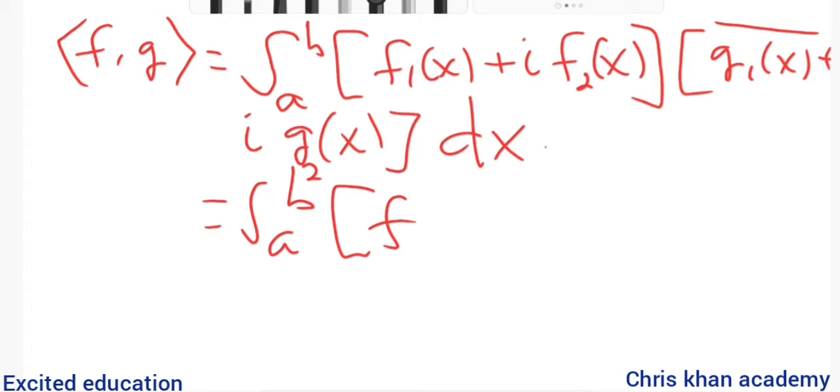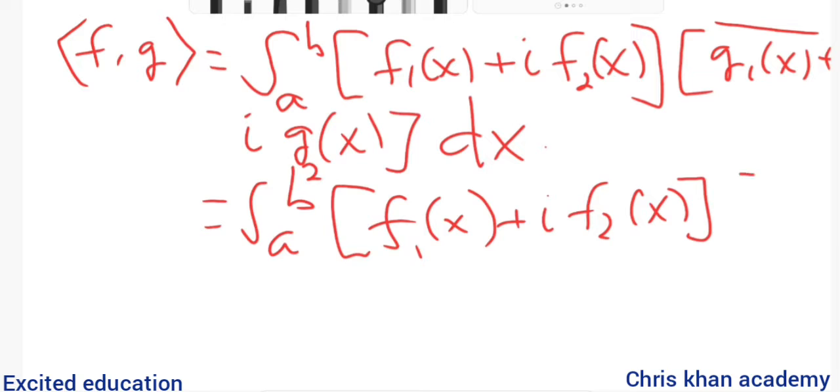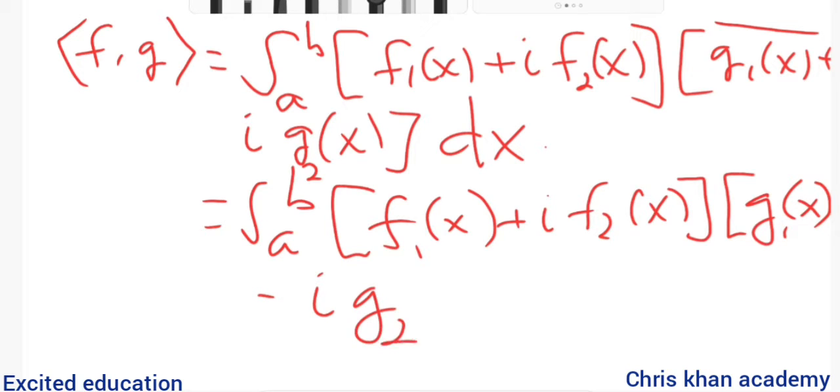This will be equal to the integral from A to B of f1(x) plus i f2(x) times g1(x) minus i g2(x), dx.